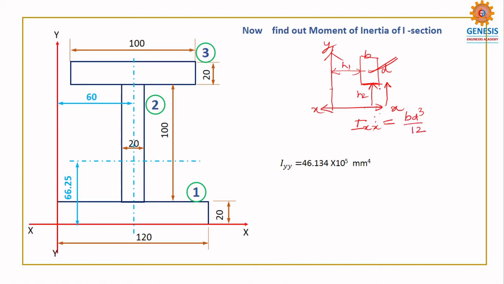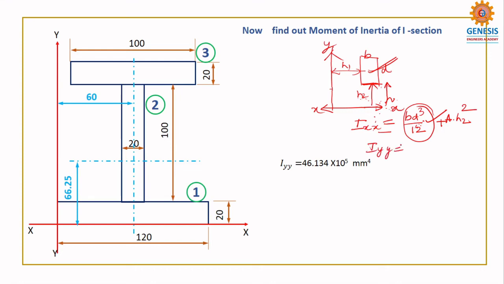Since it is away from the reference axis, I have to use the parallel axis theorem. For the parallel axis theorem, the moment of inertia about the x-axis is equal to the moment of inertia about the centroidal axis, which is the formula for the moment of inertia of a rectangular section about its centroidal axis, BD cube by 12. Since it is away, by H2, it is A into H2 whole square.